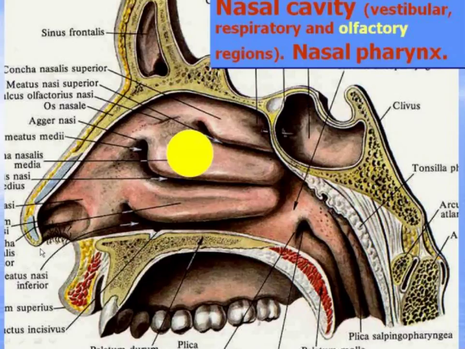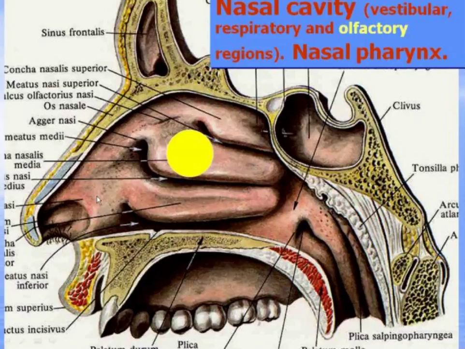Now the inspired air comes into the airways. First, the nasal cavity consists of vestibular and respiratory as well as olfactory regions. The vestibular part is lined by thin skin with hairs and glands.